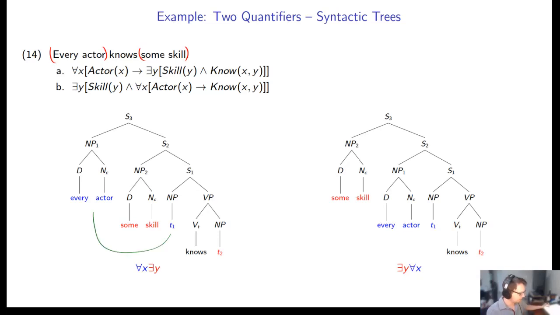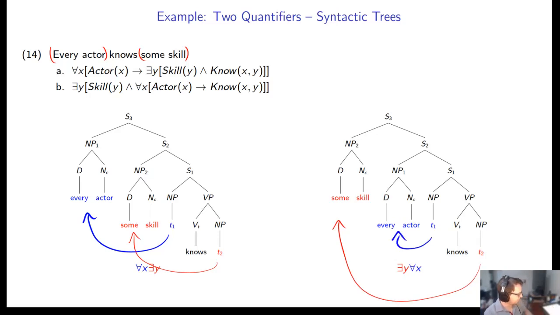So that means that, let me use blue, it means that the subject moves higher than the object in the first case. And in the second case, the object is moving higher than the subject. So we can see the 2 different tree structures here.